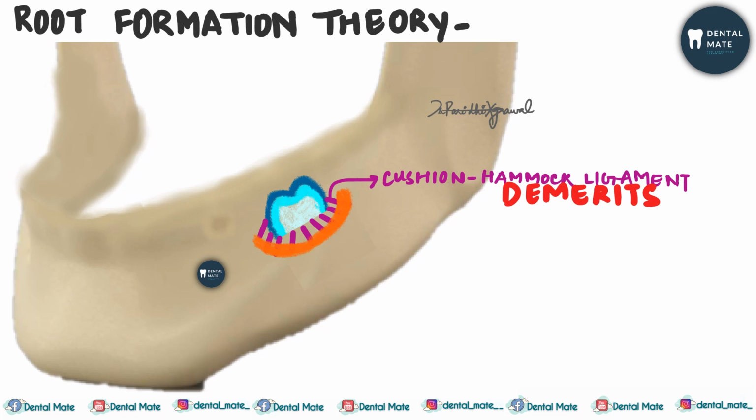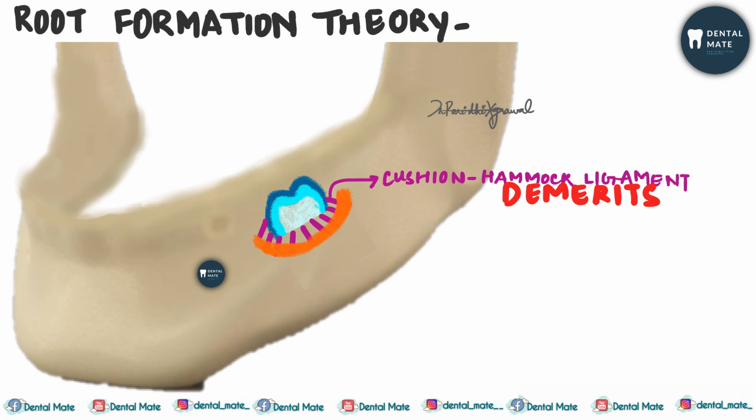When the apical forces were generated because of the root growth, the cushion hammock ligament acted like a sling and translated these forces into the occlusal movement of the tooth.